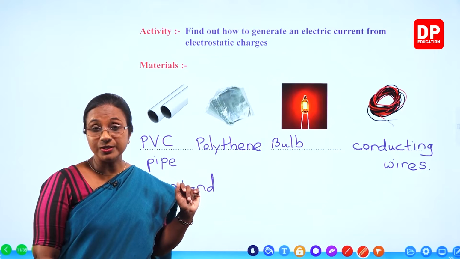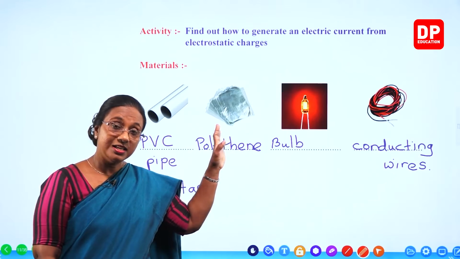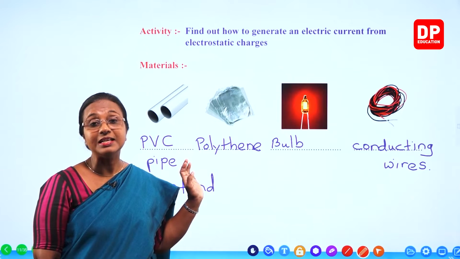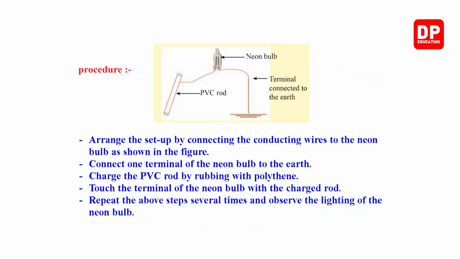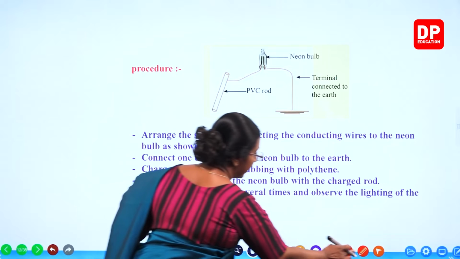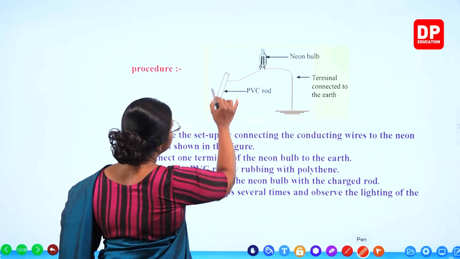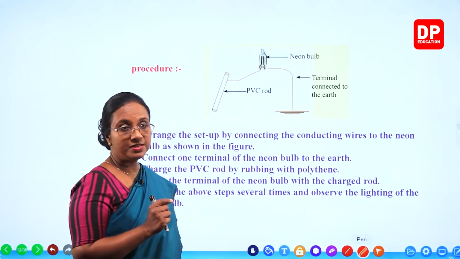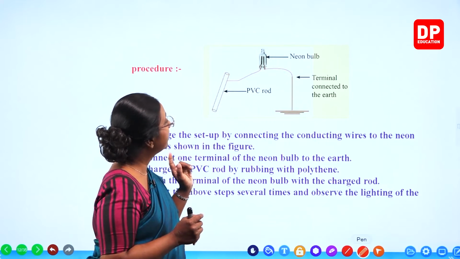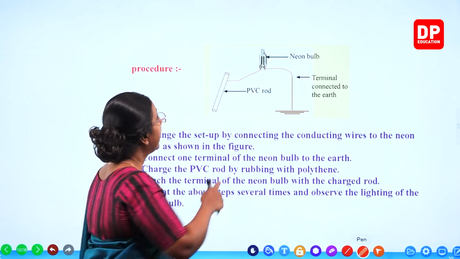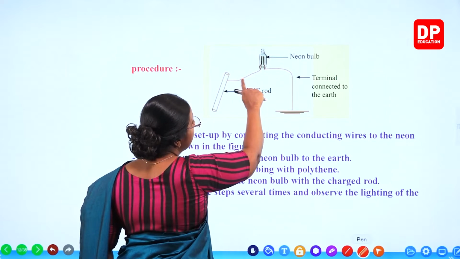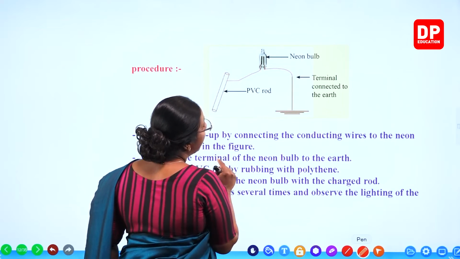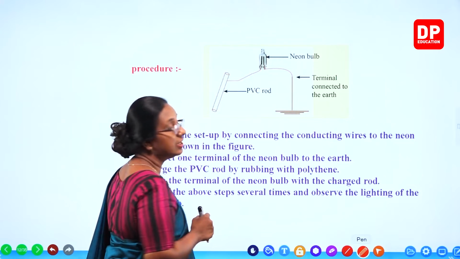Now we will move on to the next slide where I discuss the procedure with a diagram. So here, this is the procedure. You all can see here, students, this is a PVC rod. Now, if you initially take the PVC rod, connect it to one end of the wire, and here we have the neon bulb, and then we have the other terminal connected to the earth.